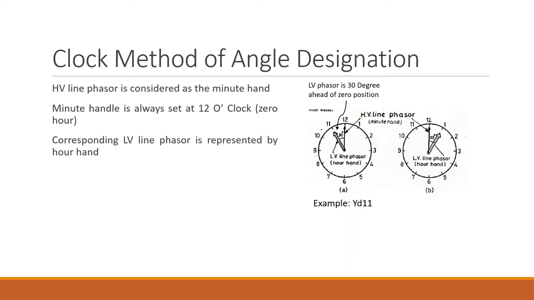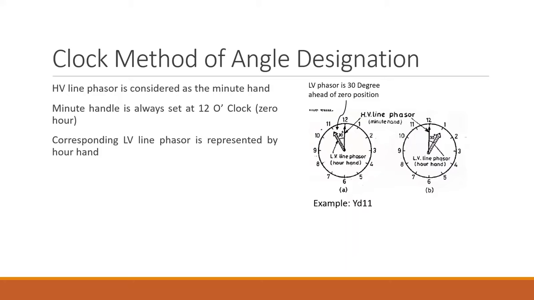So basically the HV line phasor is considered as the minute hand. The minute hand is going to represent the HV line phasor, and this minute hand will always be set at 12 o'clock or the 0 hour position. You can consider these as the rules which are applied.